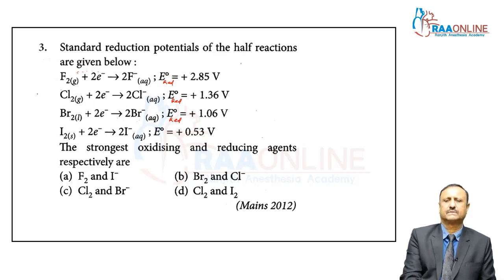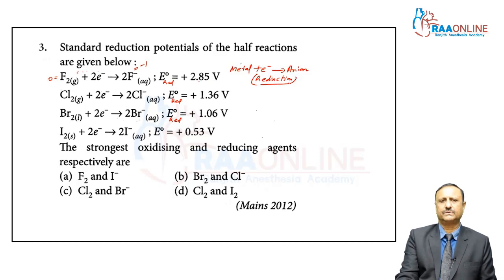And my dear friends, I also said before in my lectures, when any metal gets electrons and forms anions, these reactions are reductions. It is called reduction. Why? Because my dear students, when it gets electrons, the oxidation number decreases. Here you can see the oxidation number of fluorine is 0, and here the oxidation number is -1. So, the oxidation number decreases, which means reduction is done, and these values are given as reduction values.